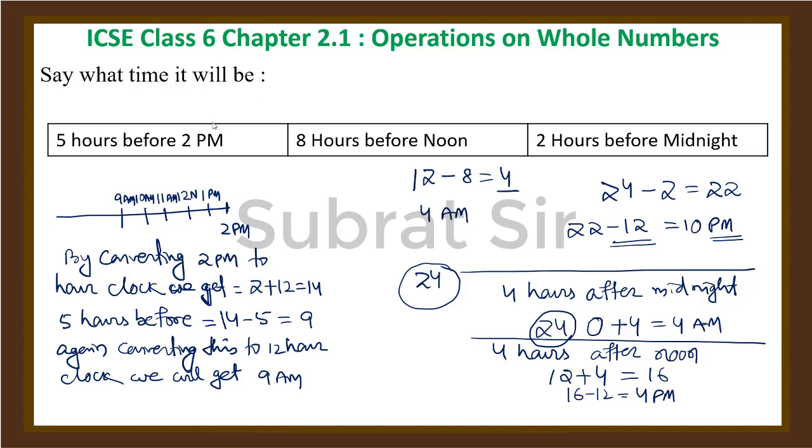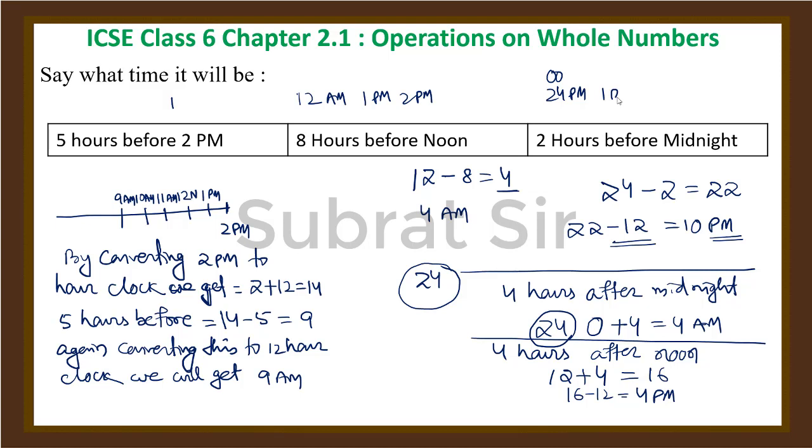Because in the 24-hour clock, from 1 to 11 it is a.m., 12 is noon, then 1 p.m., 2 p.m., like this up to 24, or we can say 00.